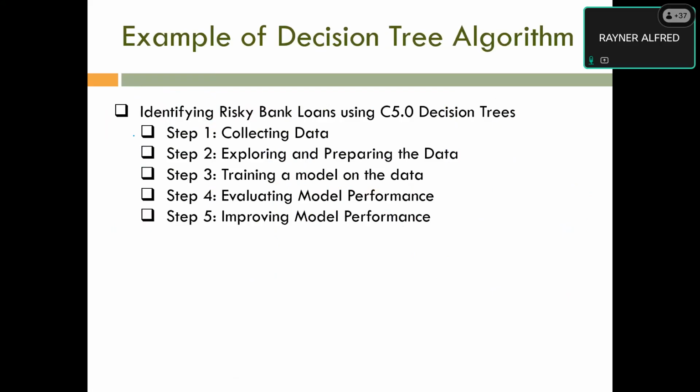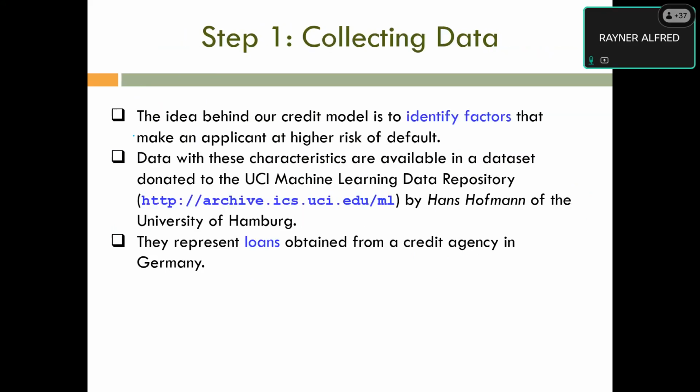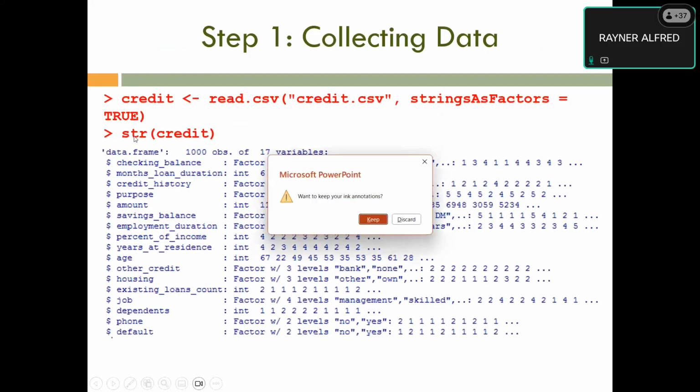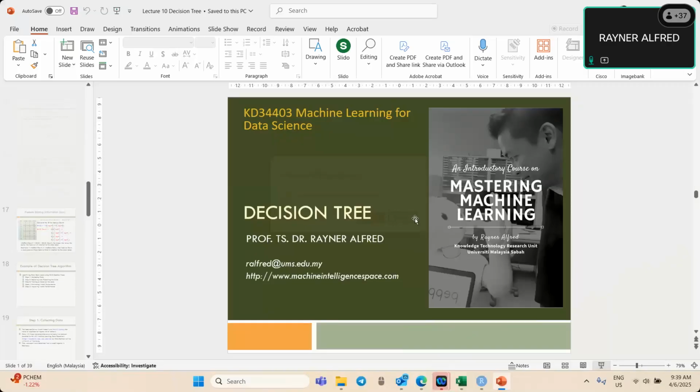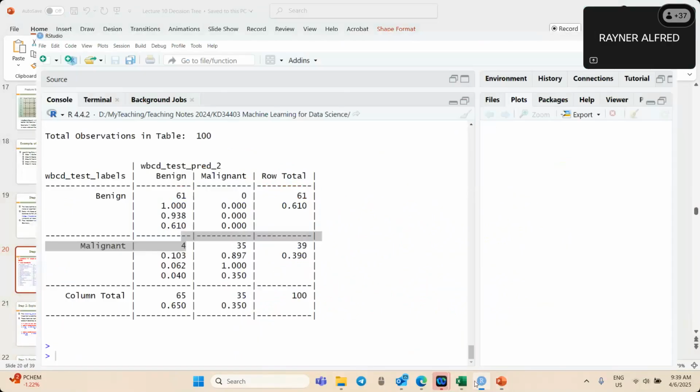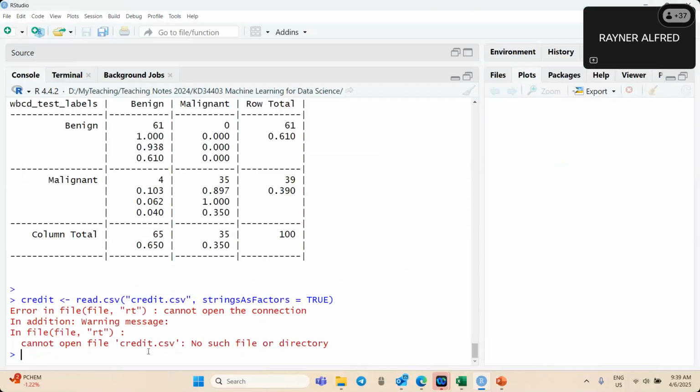Let's have a look at the example here. This is the application for the loan. We will divide it into 5 steps. The first one is reading the file.